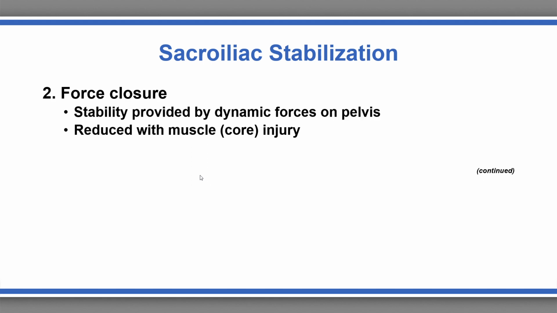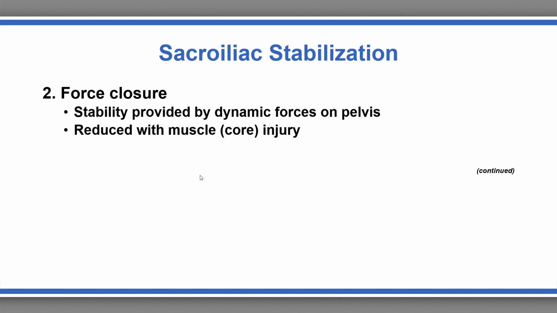There are a number of muscles in this region that contribute to provide active stability during movement as well. Two of the most important muscles or muscle groups in this region are oriented in a transverse direction relative to the sacroiliac joints.